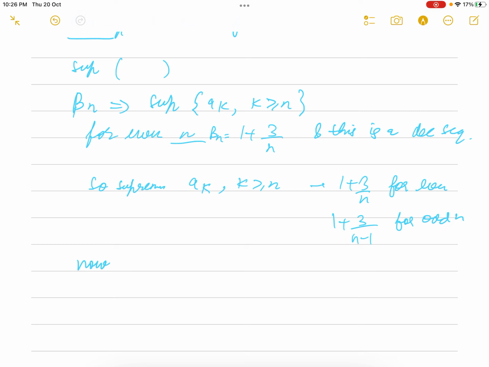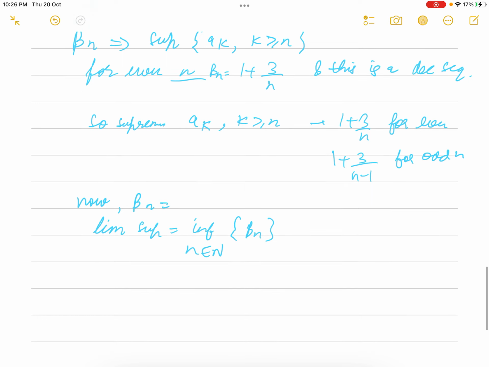Now once we obtain the set of beta n, we can compute the lim sup by calculating the infimum of the set of beta n over all natural numbers. So we can easily see that for even values of n, as n approaches infinity, 1 plus 3 by n approaches 1.